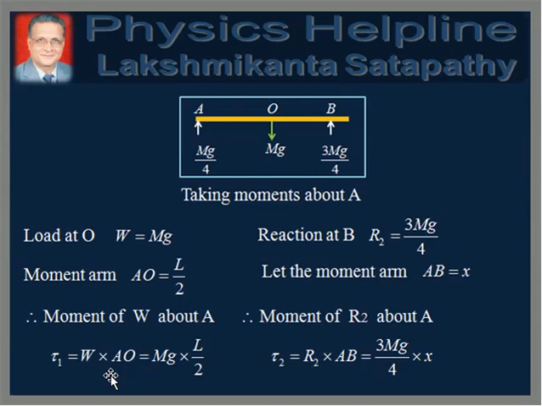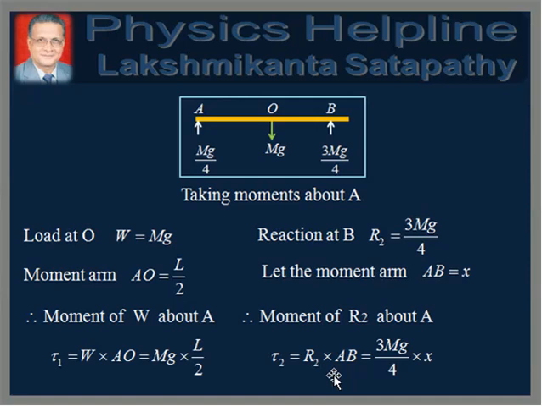Again, reaction R2 at B produces an anticlockwise moment given by τ2 is equal to R2 into AB. Let AB is equal to x. We are required to find the value of x.